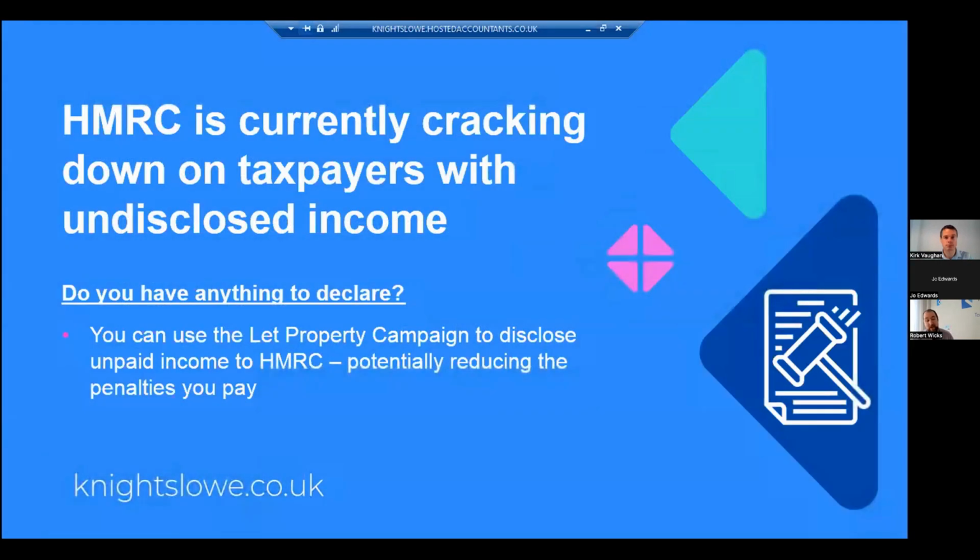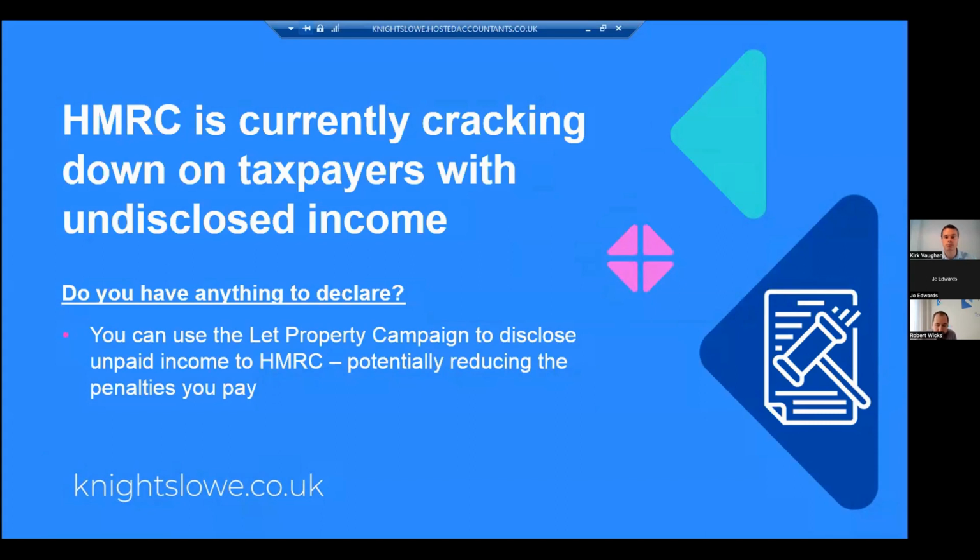The Let Property campaign is essentially a methodology of declaring your income that you should have declared previously, but for whatever reason did not. And by doing it via this method, it will mitigate your penalties. They're trying to encourage people to come forward based on that.